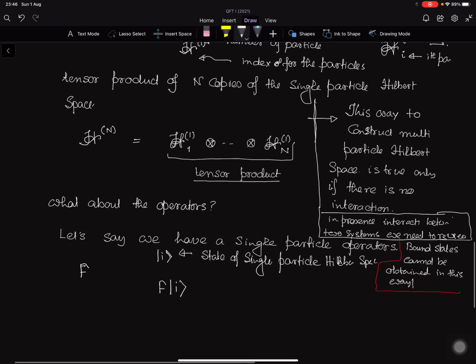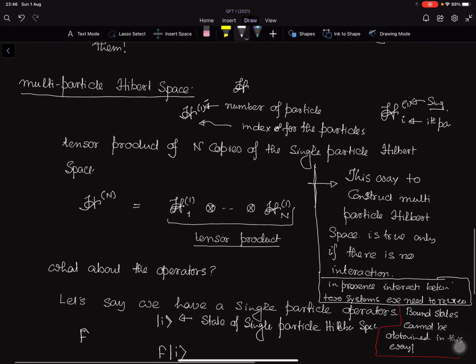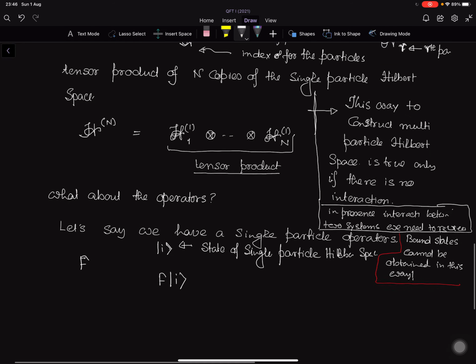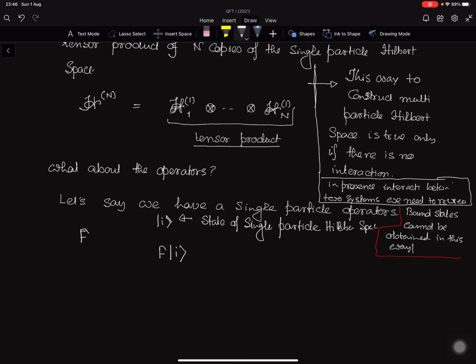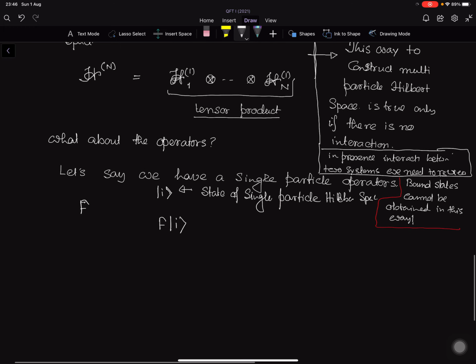Actually, let me change the notation. I use I here, and for the particle index I use R and S. Then Fi is the action of the single particle operator on the single particle Hilbert space.